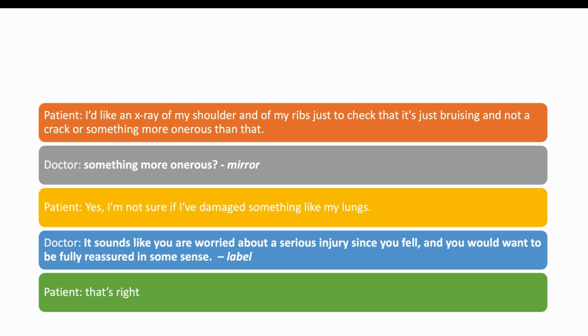Again, picture the way the doctor was able to characterize the concern of the patient in the conversation and use the mini summary to capture the essence of why the patient wanted an x-ray, rightly or wrongly. That's for them to decide in the next part of the conversation.